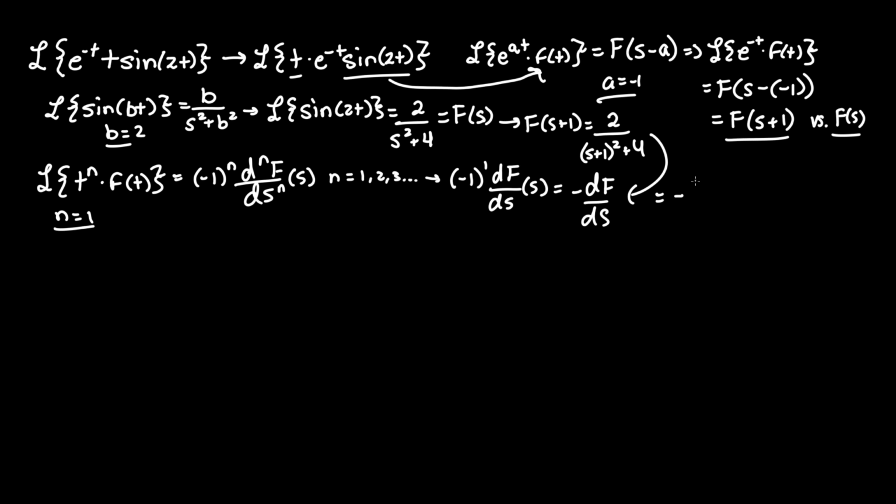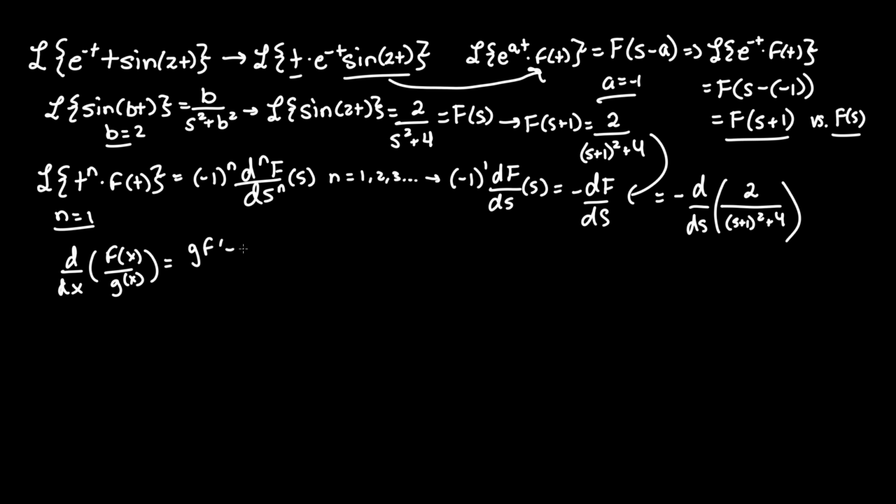Put a negative sign in the front, d/ds of our F of s plus 1 term, 2 over s plus 1 squared plus 4. And as you know, taking the derivative of a fraction, we'll call it d/dx instead of s, of f of x over g of x, two different functions, will give you g f prime minus f g prime over g squared.